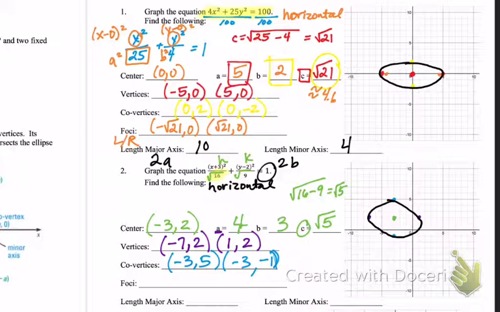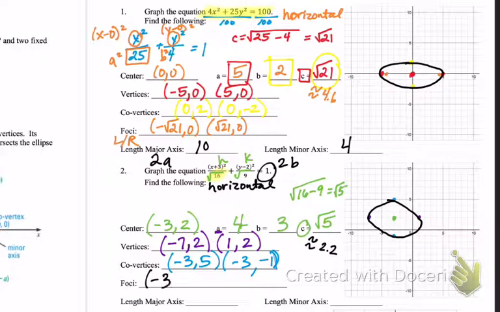And to find my foci, I go from the center and I add square root of 5, and then I subtract square root of 5. So if you put this in your calculator, you get about 2.2. That's the square root of 5. So that's just to graph it. But whenever I find the coordinates, I'm going to take my x's and I'm going to add square root of 5 and I'm going to subtract square root of 5.